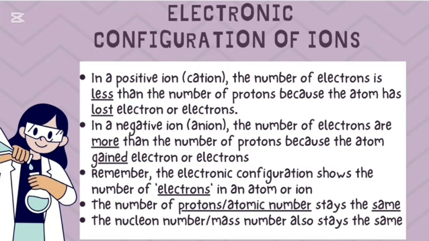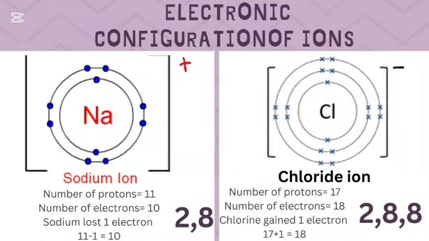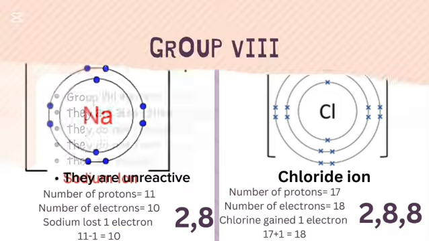The number of protons or atomic number stays the same, and the mass number or nucleon number also stays the same. Here's an example of the electronic configuration of sodium ion, which loses an electron, and the electronic configuration of chloride ion, which gains an electron. Remember, the number of protons and neutrons stays the same, so hence, the atomic and nucleon number also stays the same.